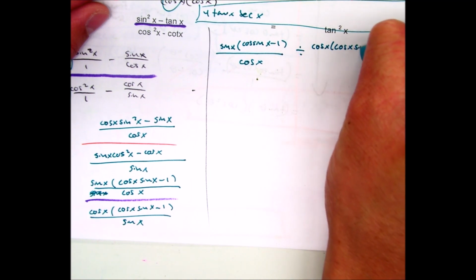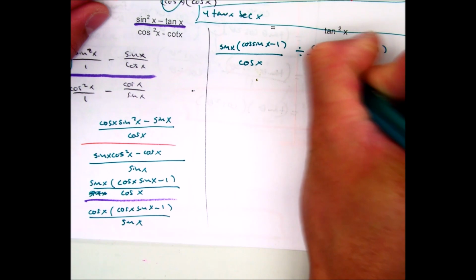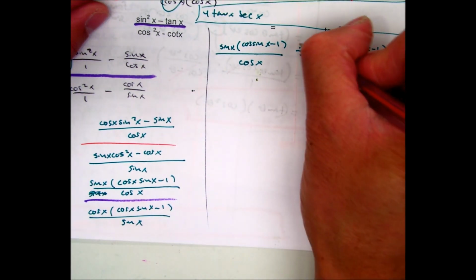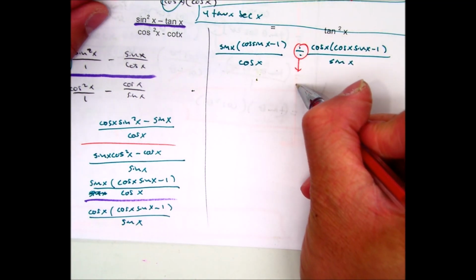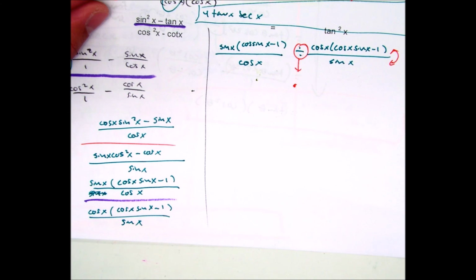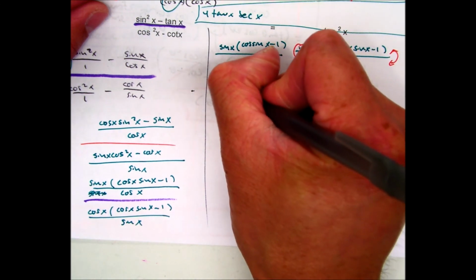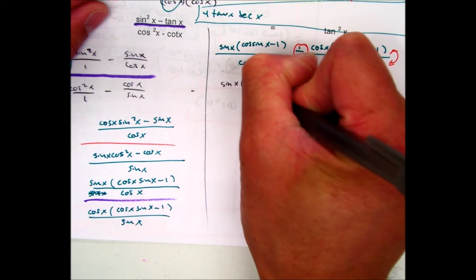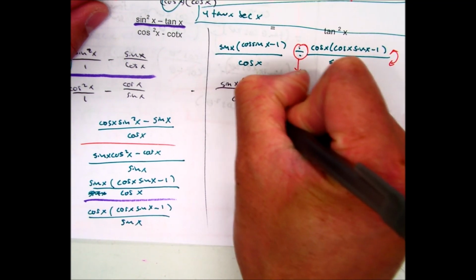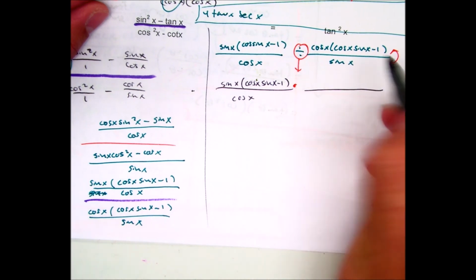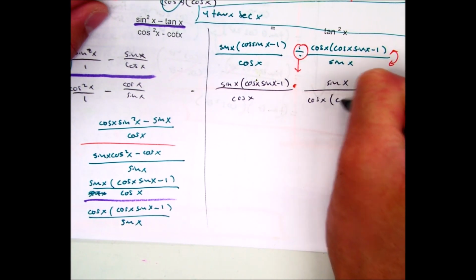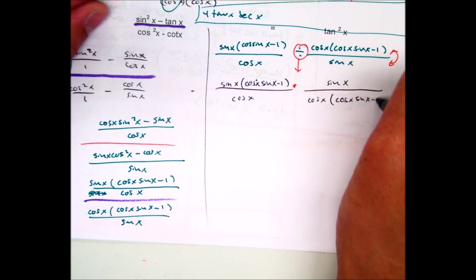Cosine of x, sine of x minus 1 over sine of x. That changes to multiplication, and then you take the reciprocal. We're taking the reciprocal, so this is now sine of x, cosine of x, sine of x minus 1.